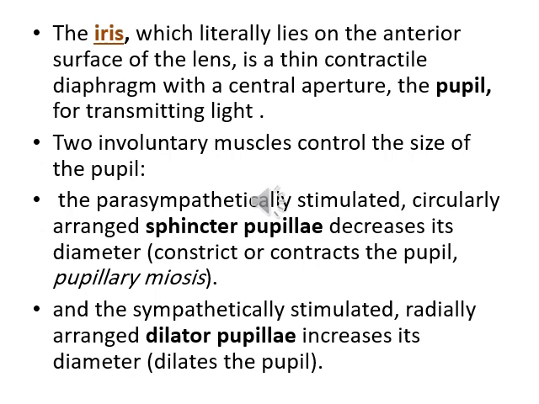The one supplied by the parasympathetic nervous system we call the sphincter pupillae muscle. From the name, it's responsible for constriction, or miosis, of the pupil. The one supplied by the sympathetic nervous system we call the dilator pupillae, and it's responsible for dilating the pupil.